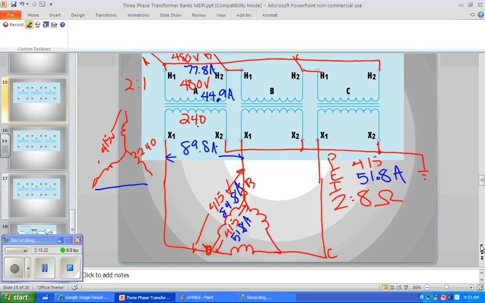Okay? We did every step. We went down finding the voltage, right? Then we found the current in the load phase. Would it matter if we had a Y load down here? No, we would still find the phase load current, right? And then we'd start going back up.